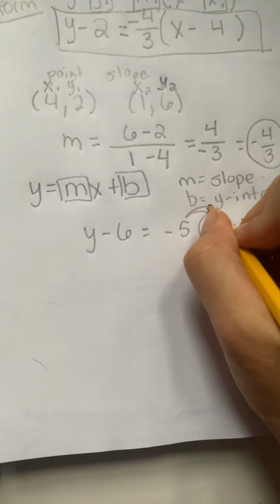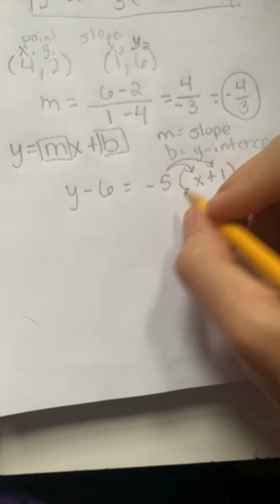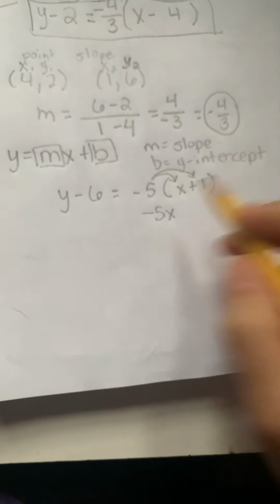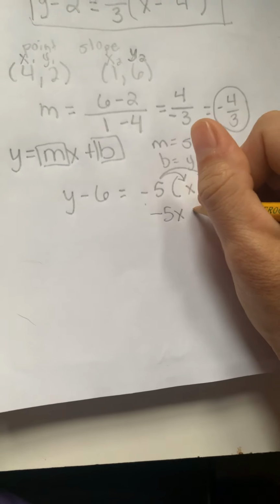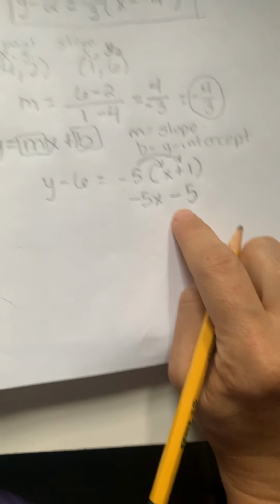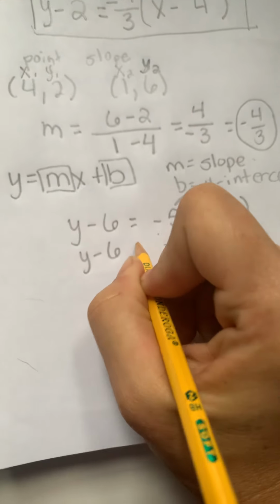So the first thing I'm going to do is distribute because I don't need these parentheses here. So negative 5 times x is negative 5x. And negative 5 times 1 is negative 5. Or you can put minus 5. Because remember, minus and negative is exactly the same thing. I'm going to bring the y minus 6 down.